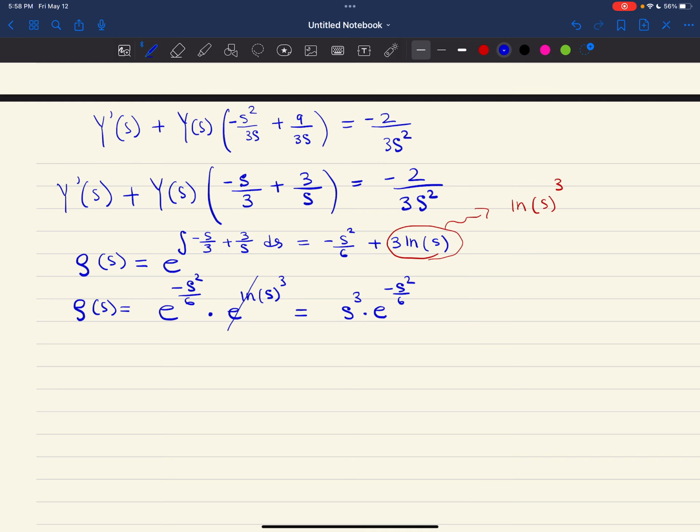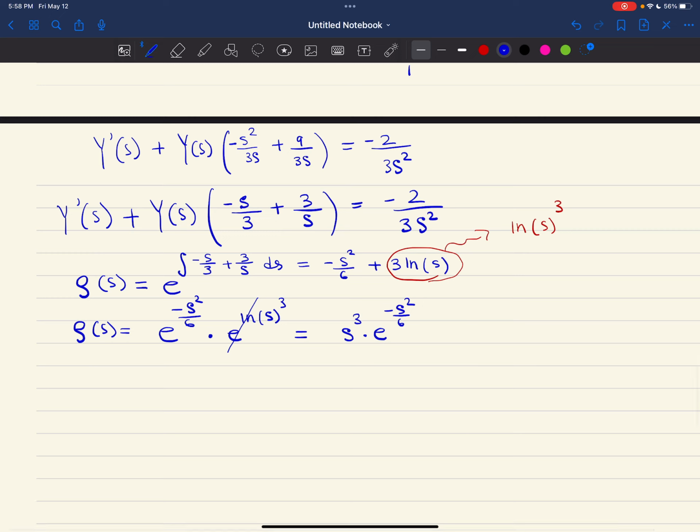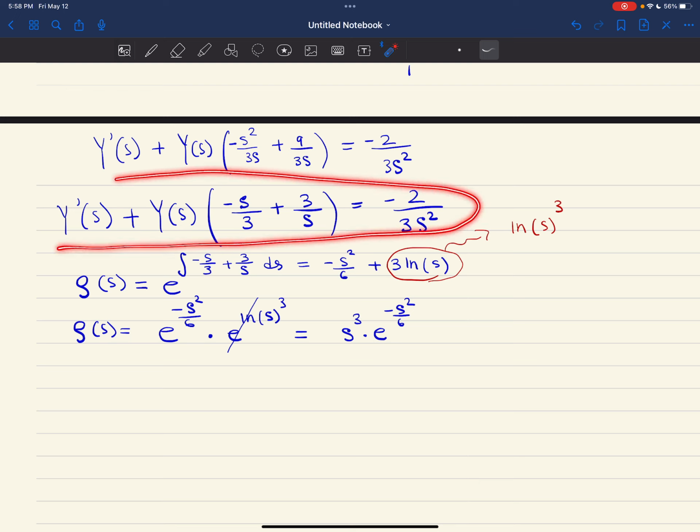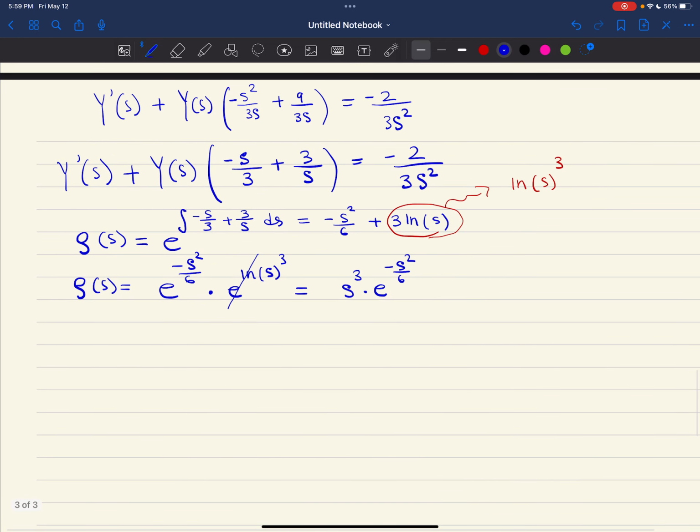You're going to take this and multiply the integrating factor with this whole equation, right? That is if you want to. It's up to you, but if you don't want to, that's fine.